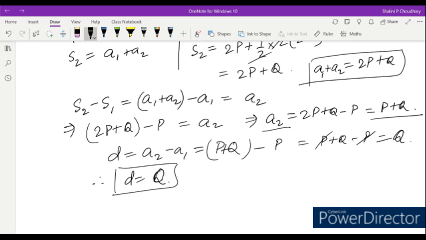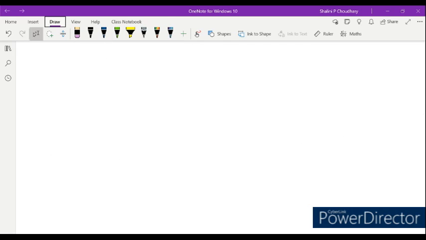Okay? Now we'll do the next question: the sum of n terms of two arithmetic progressions is given. For the first arithmetic progression we'll take the first term as a1, and for the second arithmetic progression we can take a2.